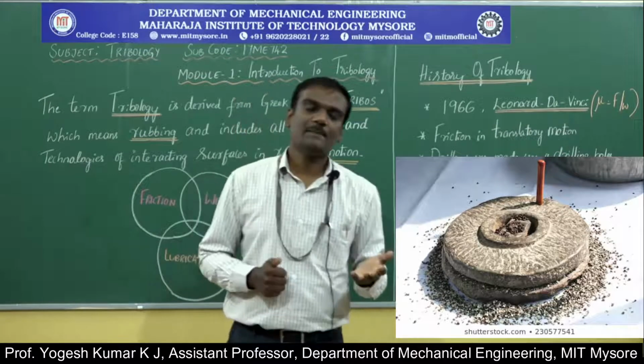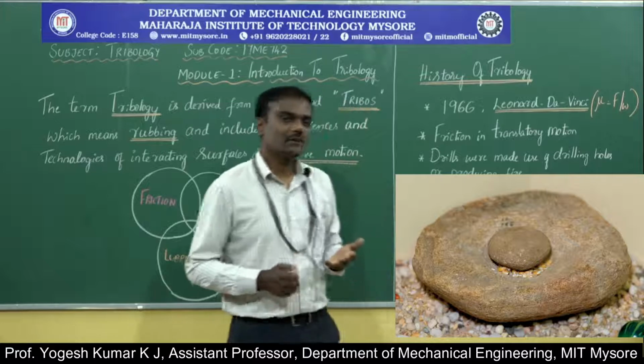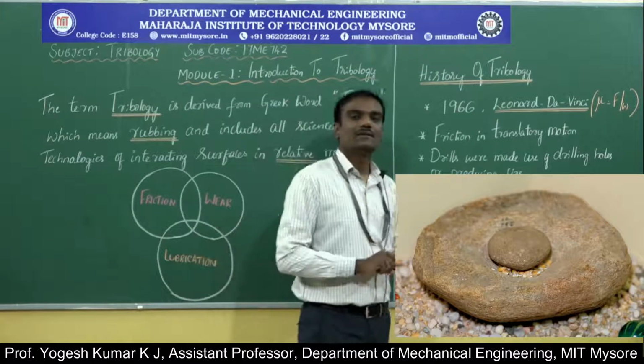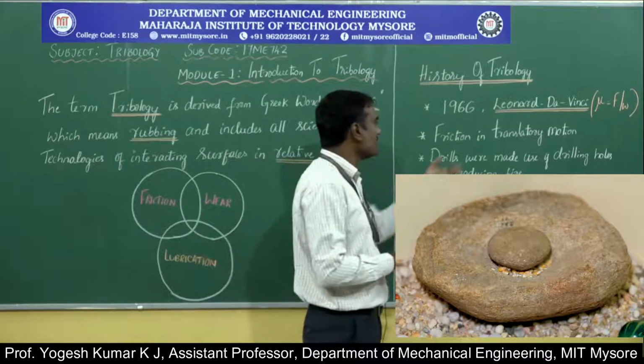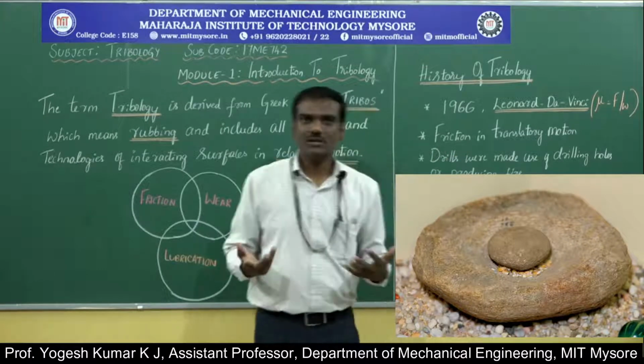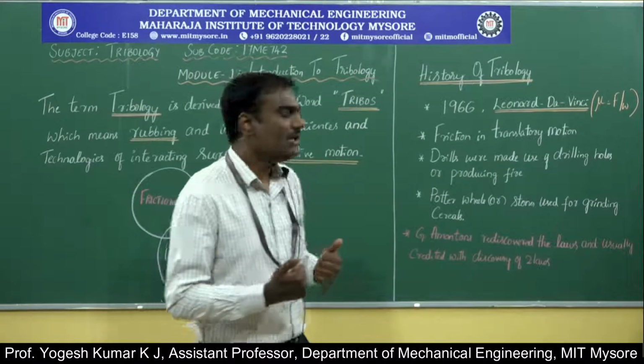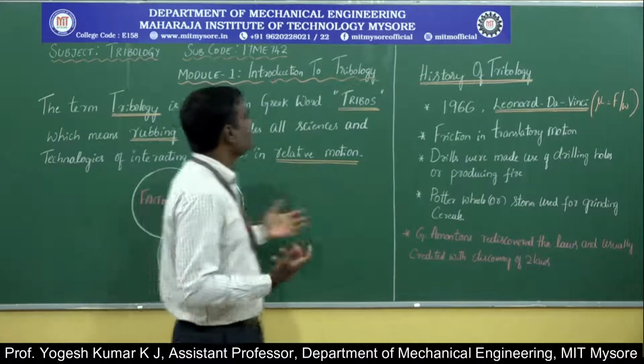You can take the example of a cart wheel, where they were using some oils and adhesive materials to minimize the friction. Without knowing, they were using lubrication, but they couldn't identify it.